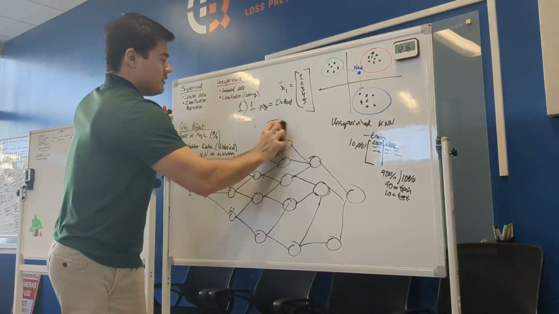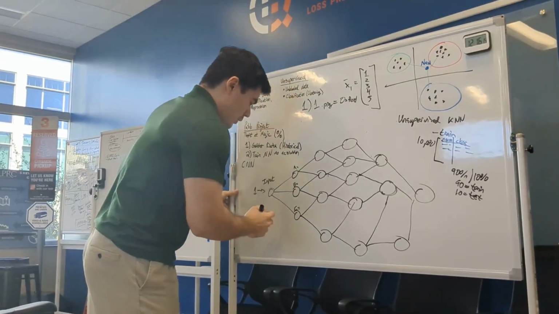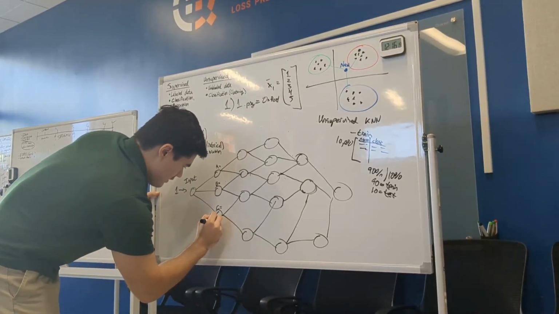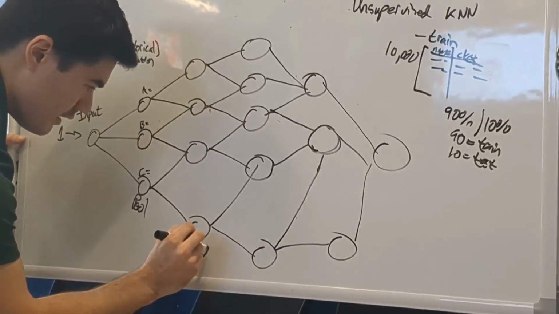So then I can do this. We pad, and then let's say we have a pooling layer here. We have a hidden layer here.